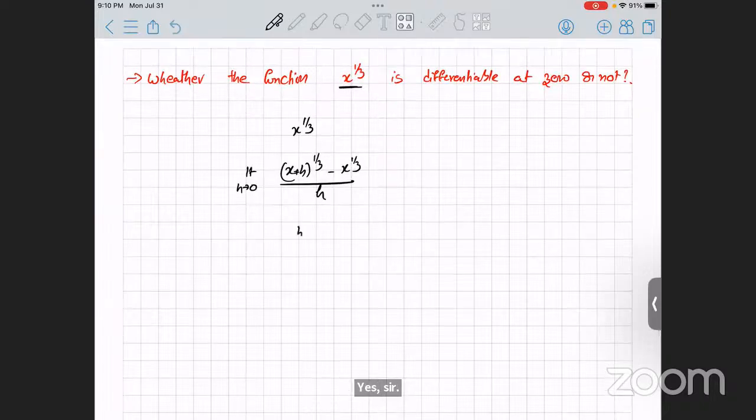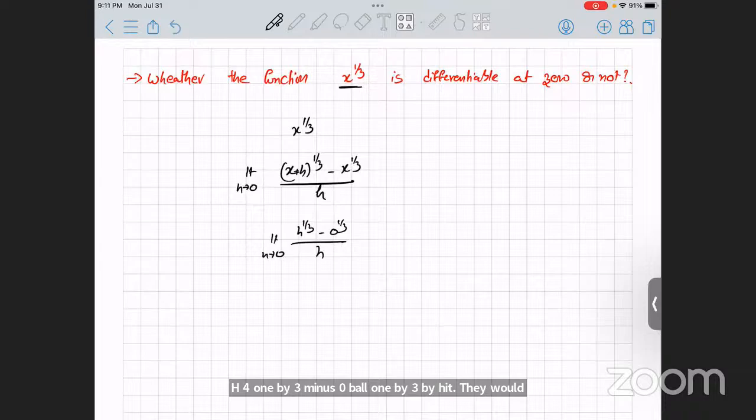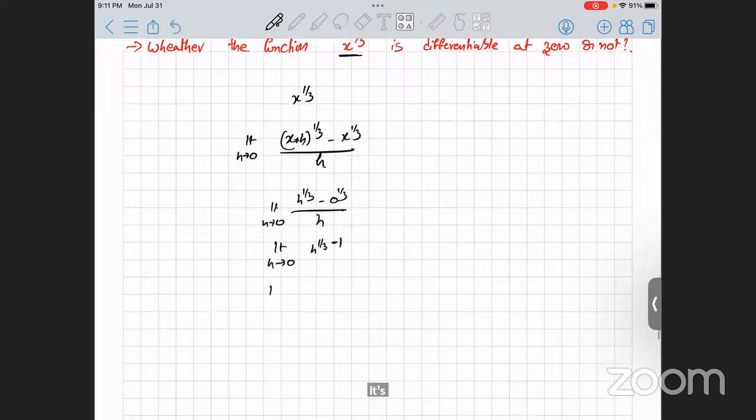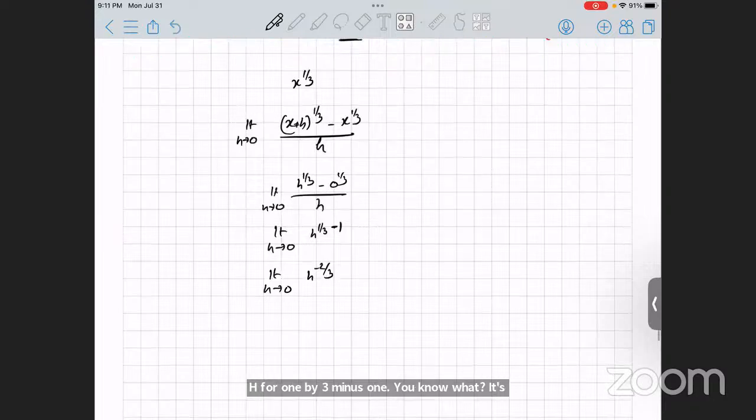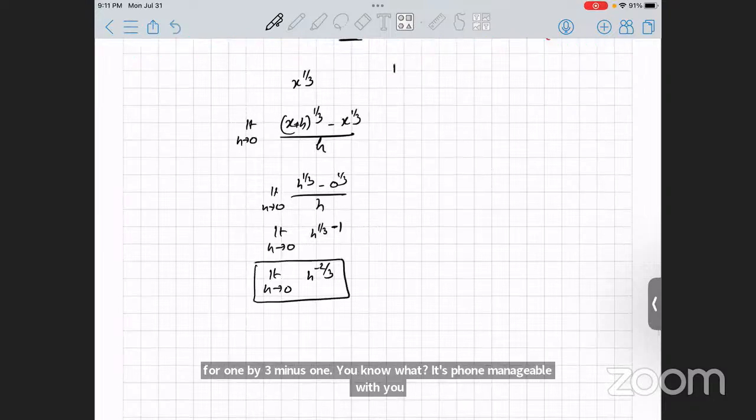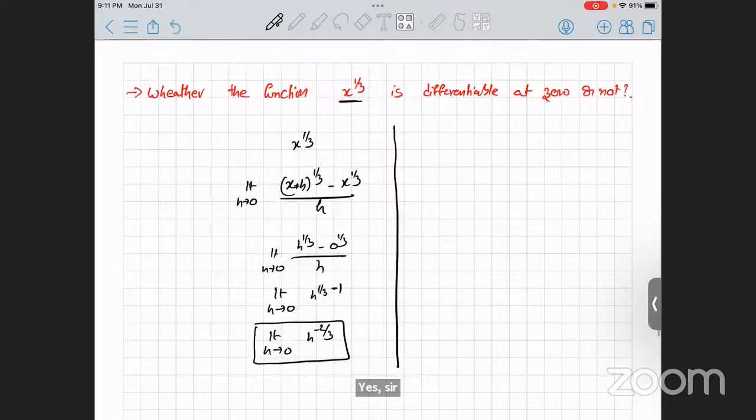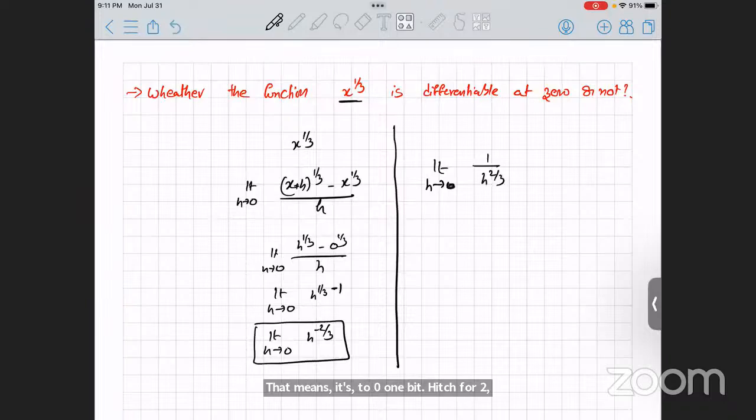Limit h tends to 0 of h power 1/3 minus 0 power 1/3, by h. That implies limit h tends to 0 of h power 1/3 minus 1, which is h power minus 2/3. That means limit h tends to 0 of 1 by h power 2/3. Agree? Can we write like this? Yes, sir.